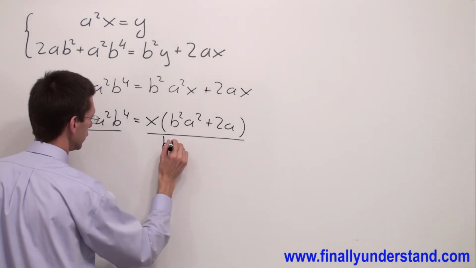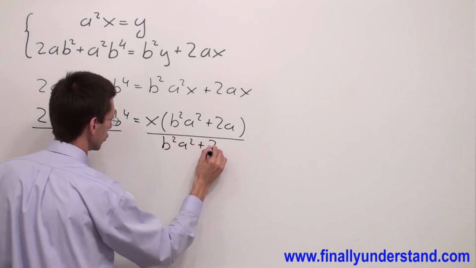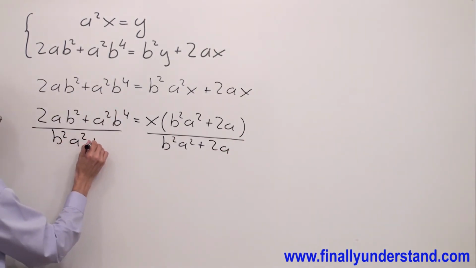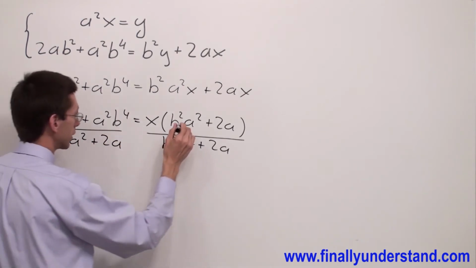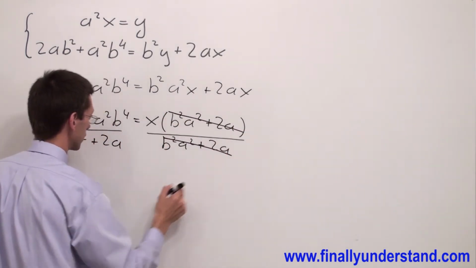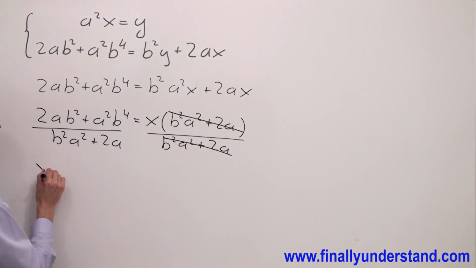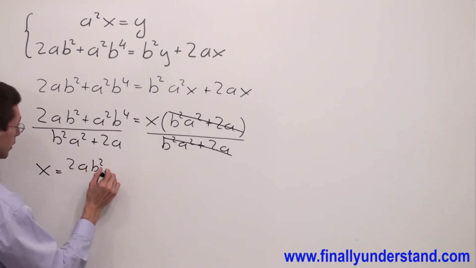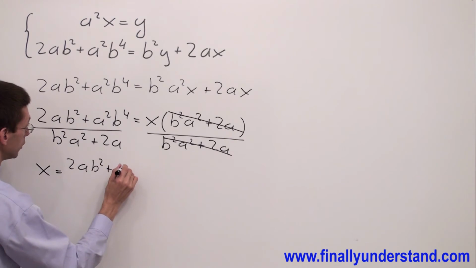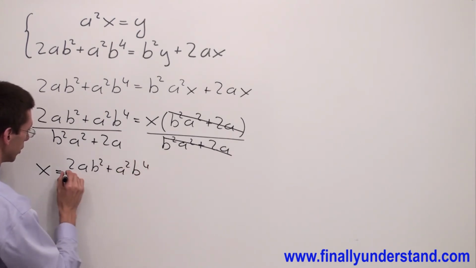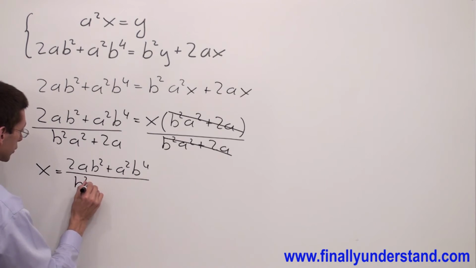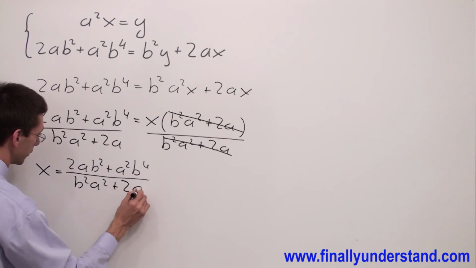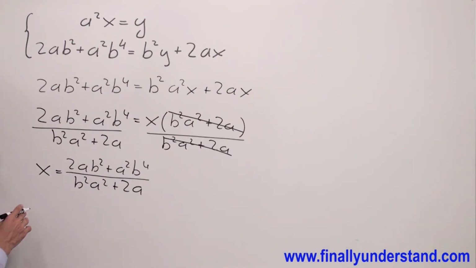Divide both sides by b squared a squared plus 2a. And I have b squared a squared plus 2a. Okay? This term and this one is going to cancel out, and I end up with x equals 2ab squared plus a squared b to the fourth over b squared a squared plus 2a.